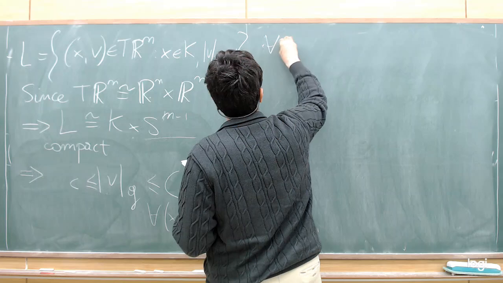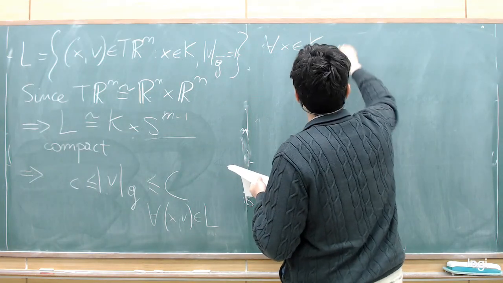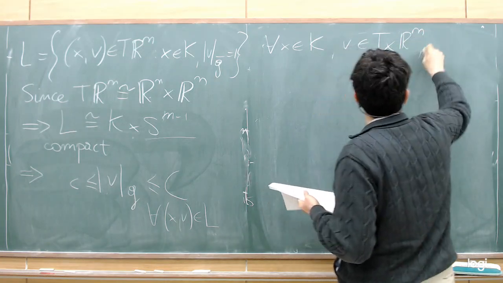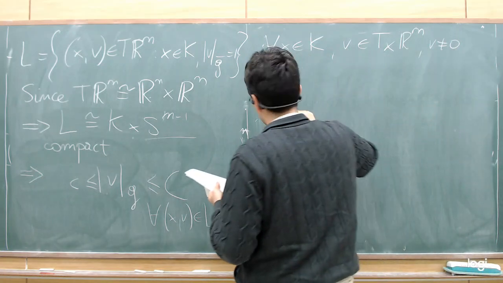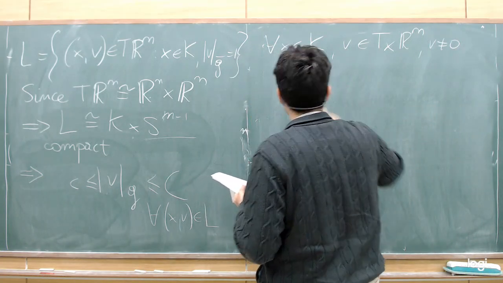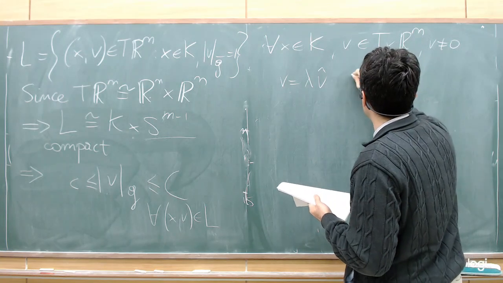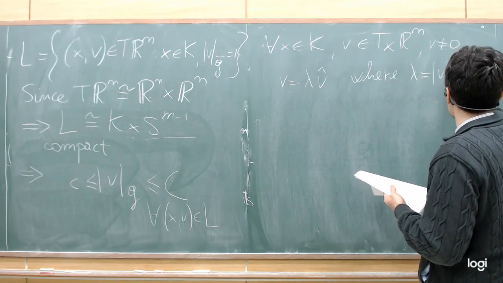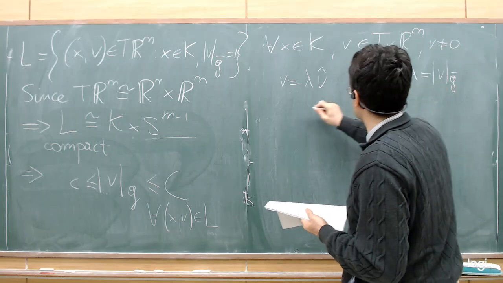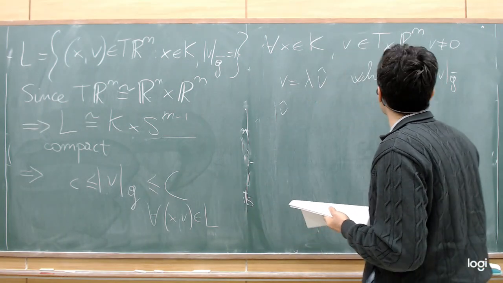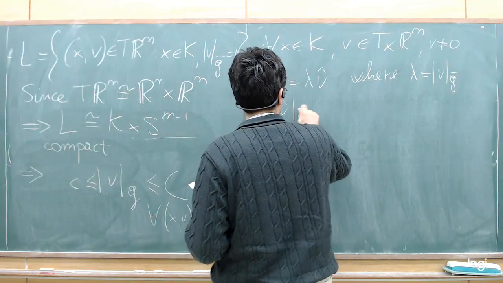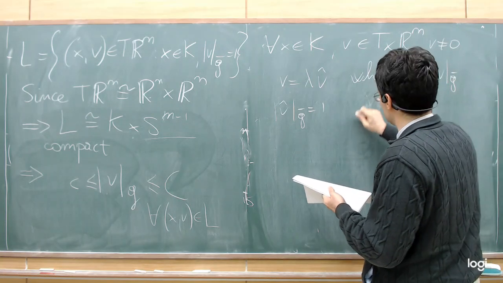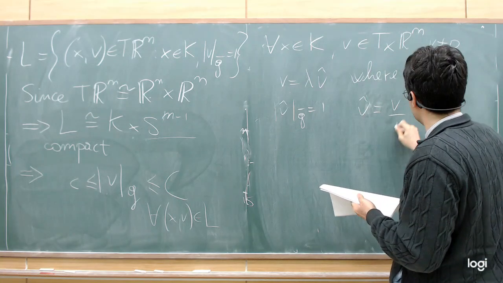Now, for any x in K and v in T_x R^n with v different from 0, you can write v as lambda v hat, where lambda is the length of v with respect to g bar, and the length of v hat with respect to g bar equals 1, and v hat equals v over lambda.